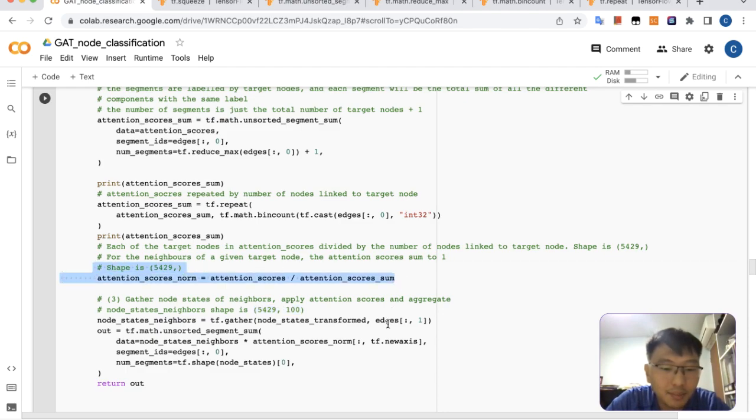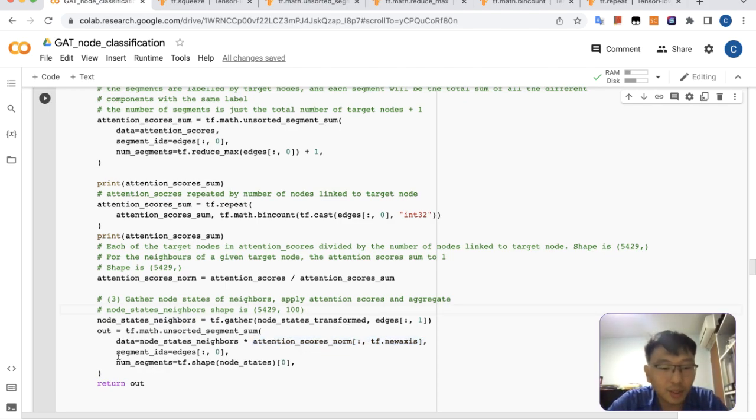There can be broadcasting. Over here, they did add a new axis, which means this is to help with the broadcasting. It means we multiply 5429 by 100 with 5429 by 1.